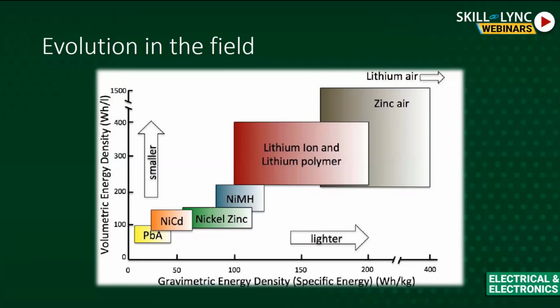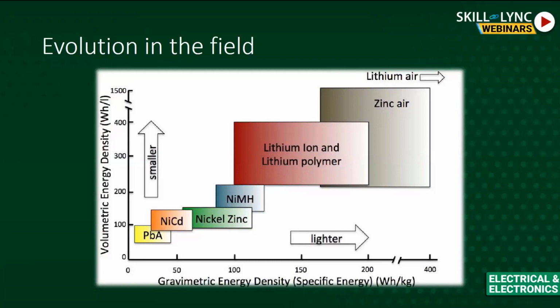What is happening with volumetric energy density is that previously we used to have big batteries, but they used to provide us less power. Like a suitcase-size battery will provide us 2 kilowatts. But as we move towards the future, if I move up the y-axis, the size of the battery gets smaller but my energy will be the same or increased.